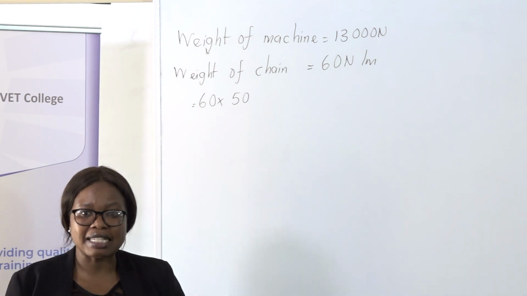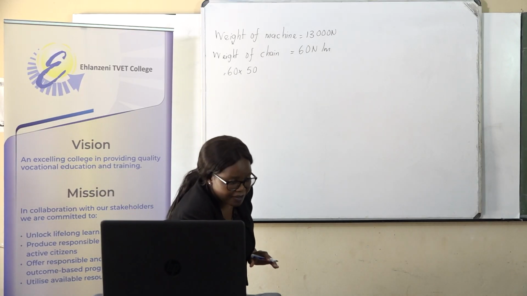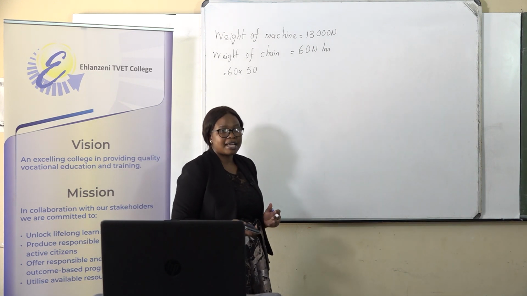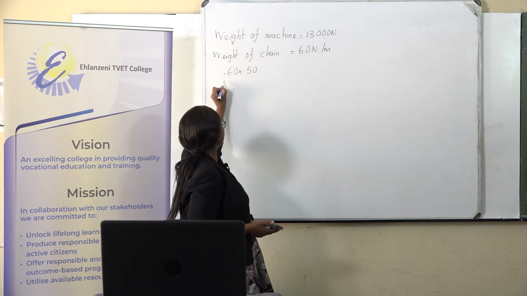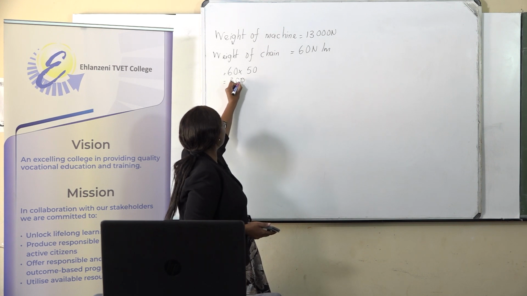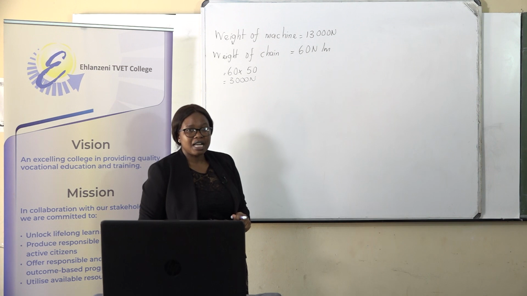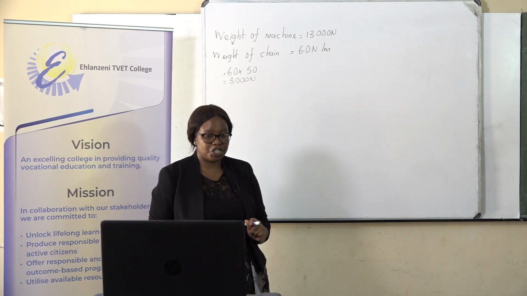Let's calculate 60 times 50 meters. We get 3,000 newtons. This is our weight of the chain.